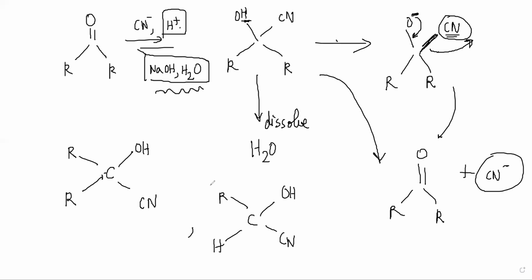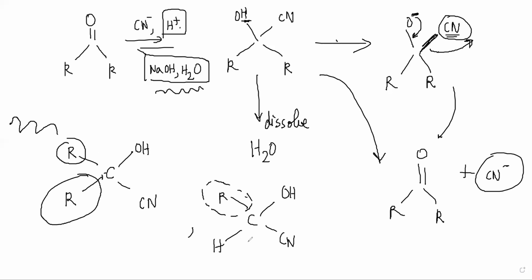And why is that? Because the reason is the size of the groups that are attached to the carbon. So here, this could be a long chain, by the way. This could be a big group of carbon atoms, and this could also be a big group of carbon atoms. Here, there is one big group, but there is only hydrogen here.